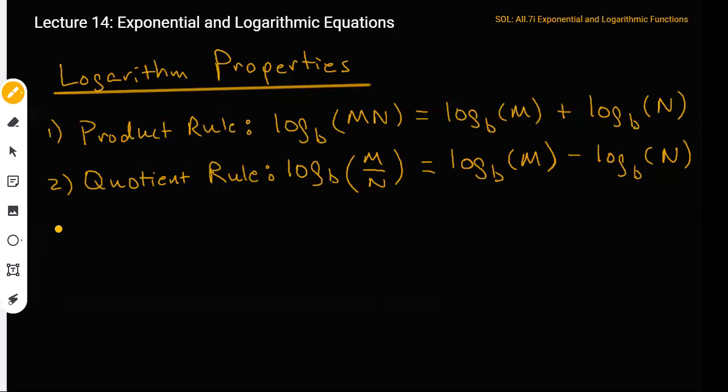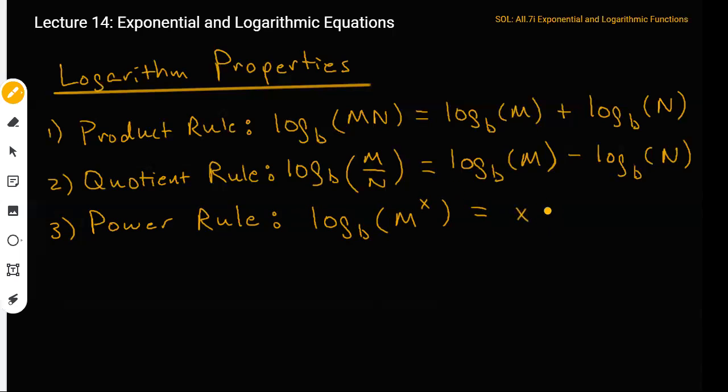And then there is the power rule. The power rule states that if you have a logarithm of base b and you're taking some number m and raising it to a power, let's just say it's x, then what you can do with that exponent is move it outside in front of the log.